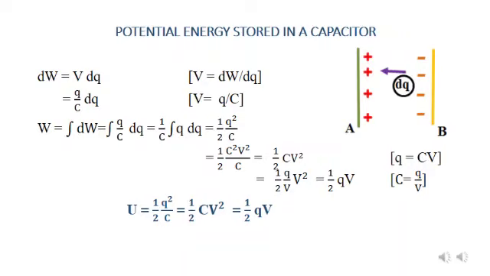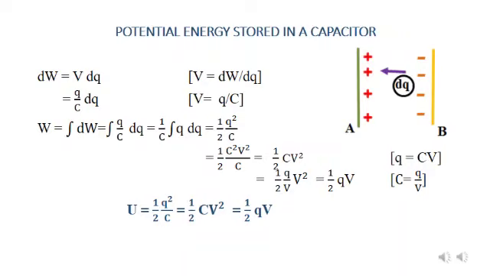So W equals 1 by C integral q dq. But the integral of q dq is q square by 2. So total work done W equals 1 by C into q square by 2.